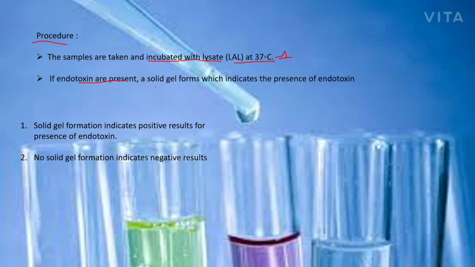If the endotoxins are present, a solid gel is formed, and that indicates the presence of the endotoxins. So if a solid gel is formed, there is a positive result, meaning the presence of endotoxin in the sample is positive. And if there is no gel formation, that indicates the test is negative.